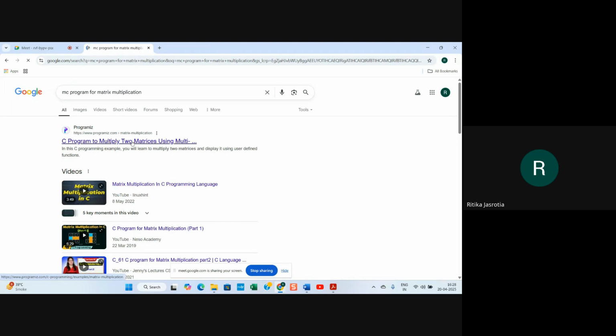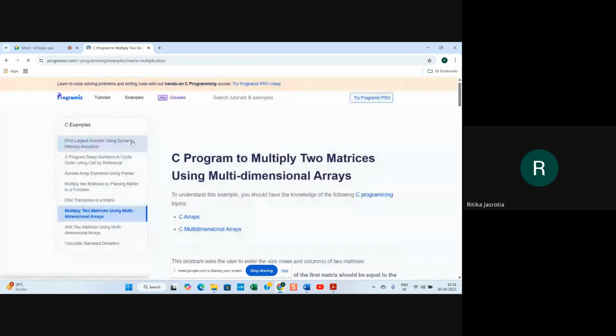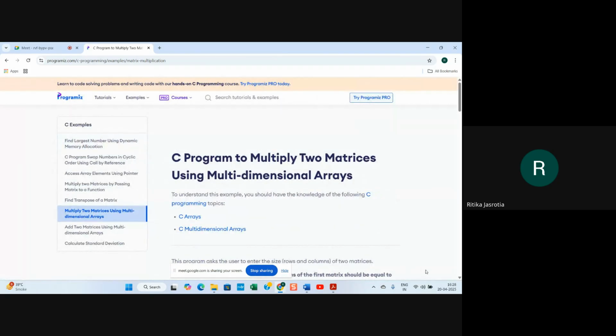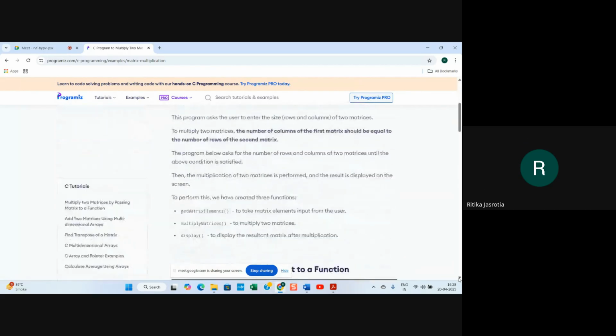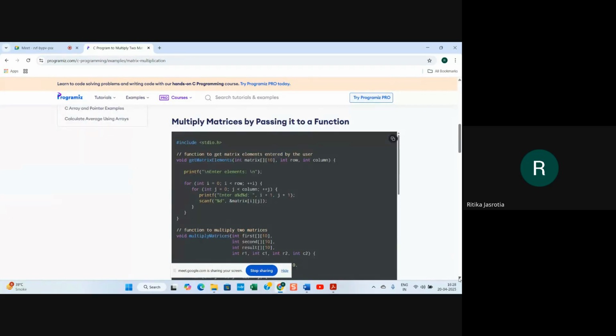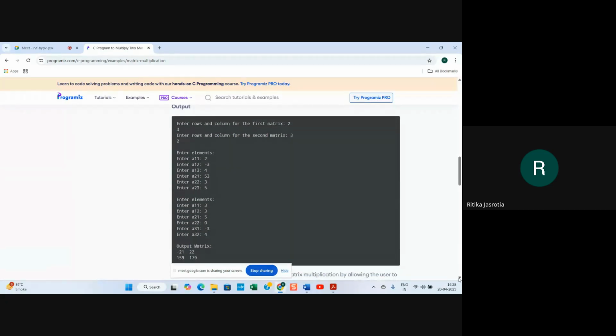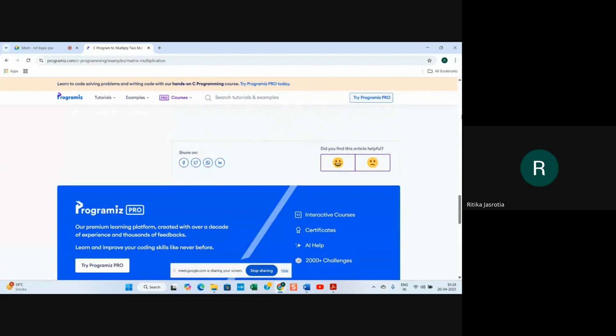So you can see any program which is there. We'll see in programs only. So if you see here, we'll talk about multidimensional arrays only.